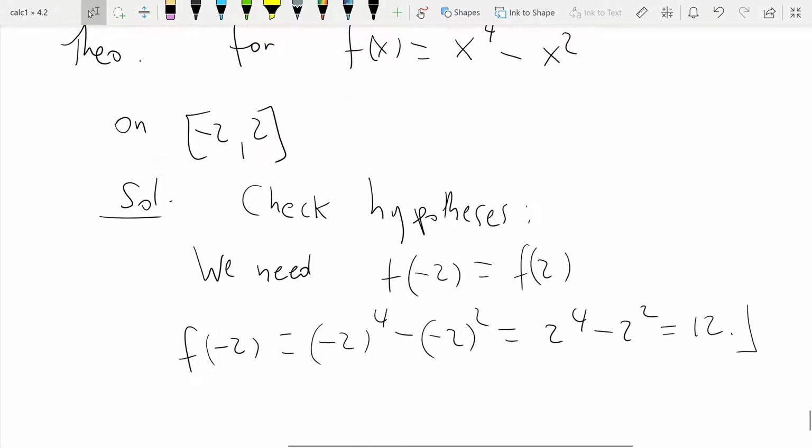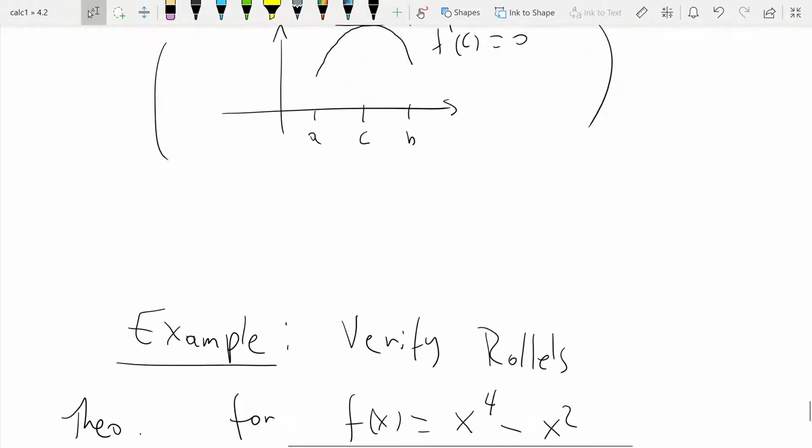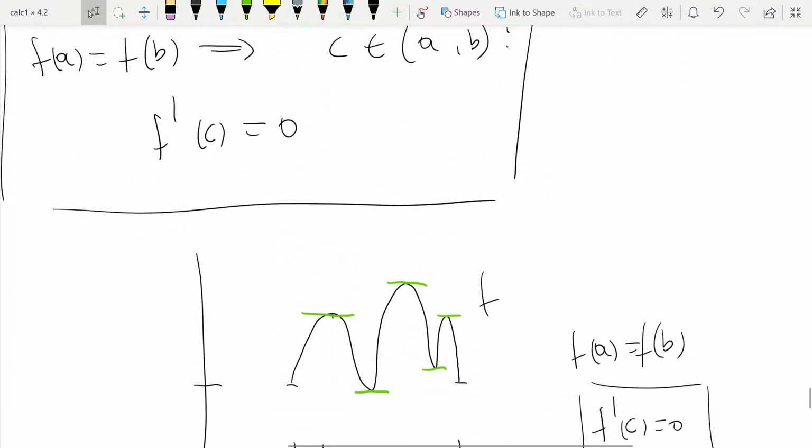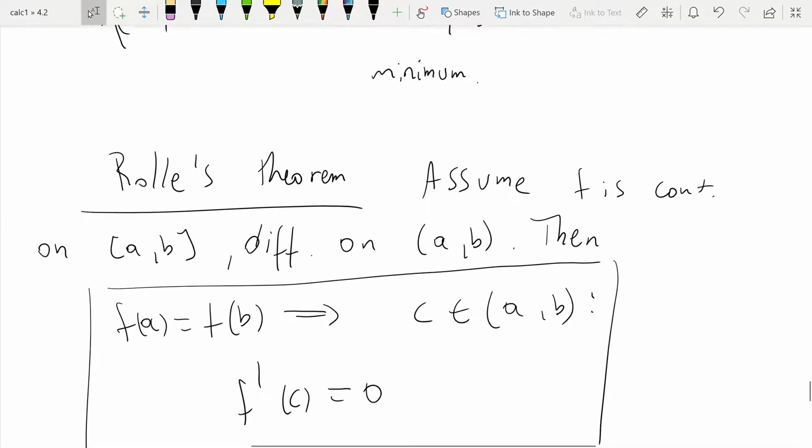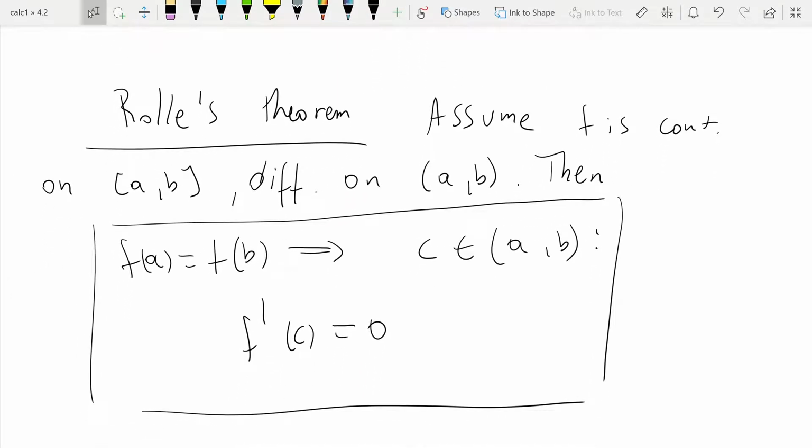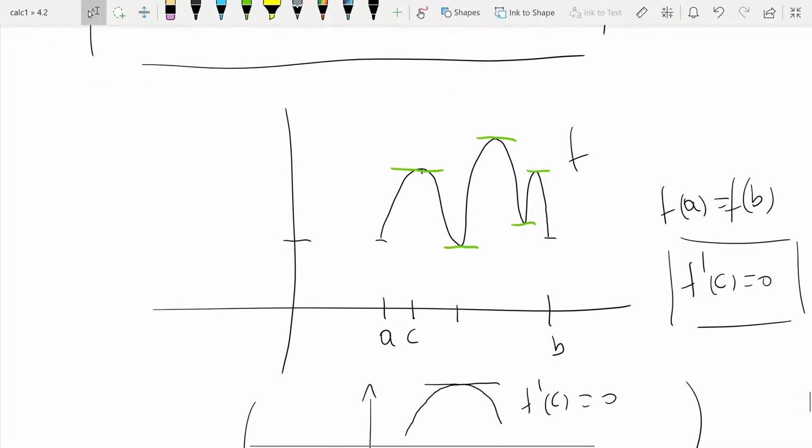So now we need to find a point that satisfies the conclusion of the theorem. So the theorem tells us that if you assume that f is continuous here and differentiable inside the interval, and f at one endpoint is equal to f at the other endpoint, there's a c in between such that the derivative vanishes at that point.